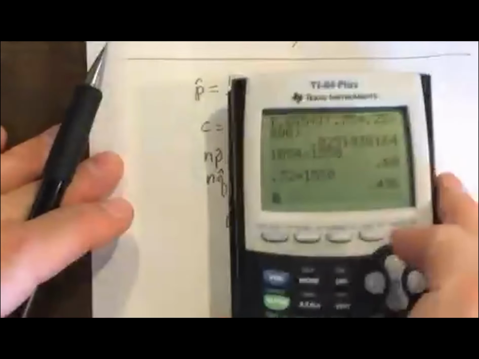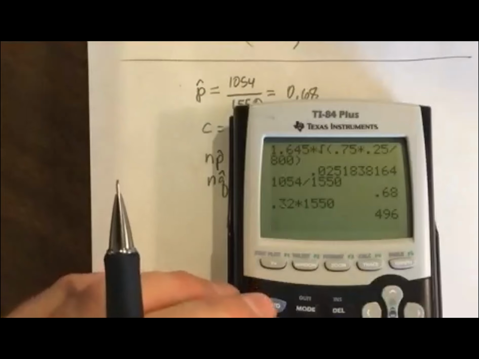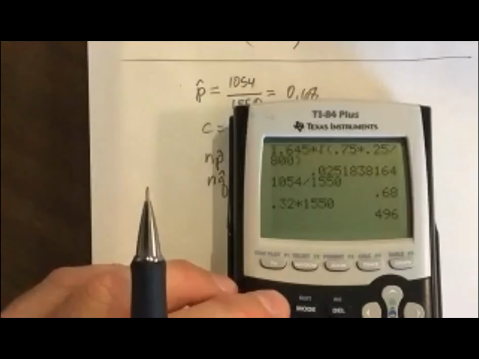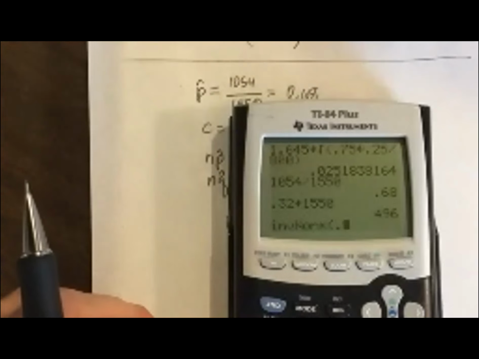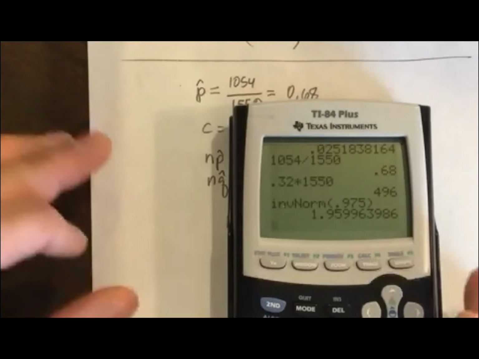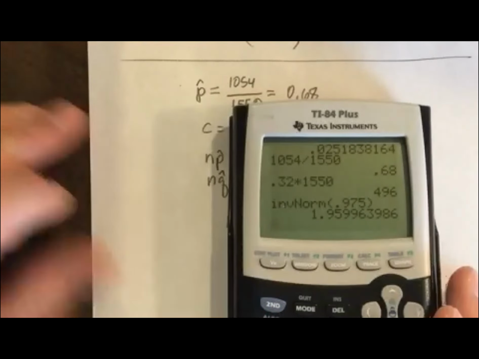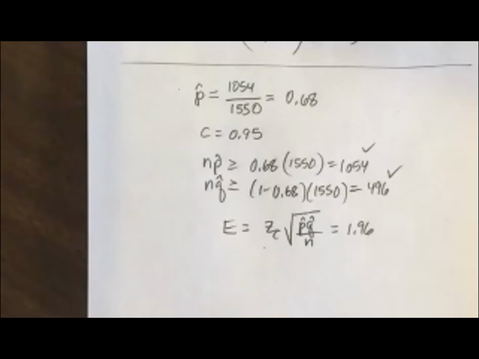To do that, we're going to look on our calculator and say distribution, inverse normal. Remember that we have to add the 2.5% to the 95. So we're going to say to the left of 0.975 and get 1.96. Notice this is the same value that we've been getting for the last several examples for a 95% interval.